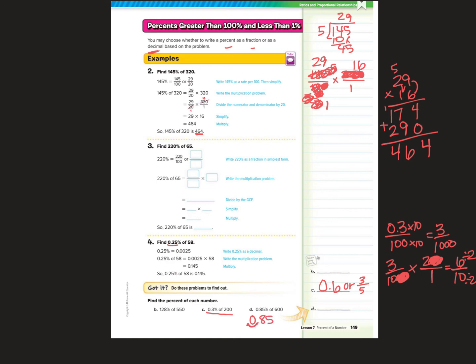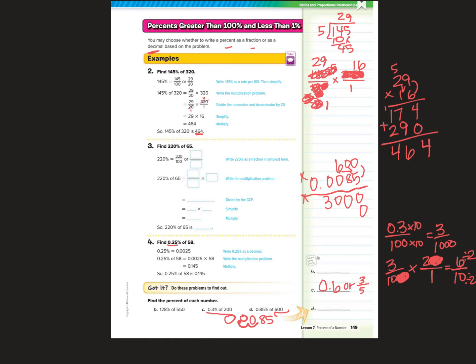Okay. If I was going to do it decimal-wise, 0.85%, I would move my decimal twice to get a decimal. So I would be multiplying 0.0085 by 600. I'm going to put 600 on the top. All right, here's how we do this. 5 times 0, 5 times 0, 5 times 6.